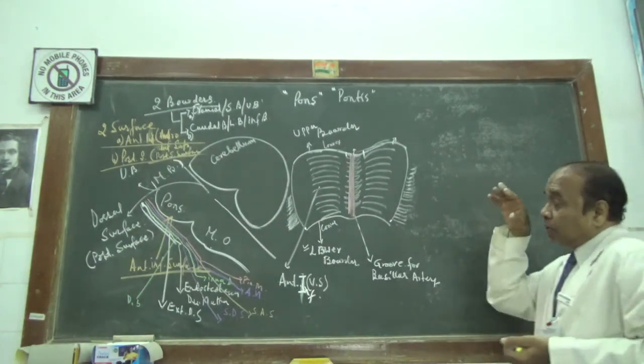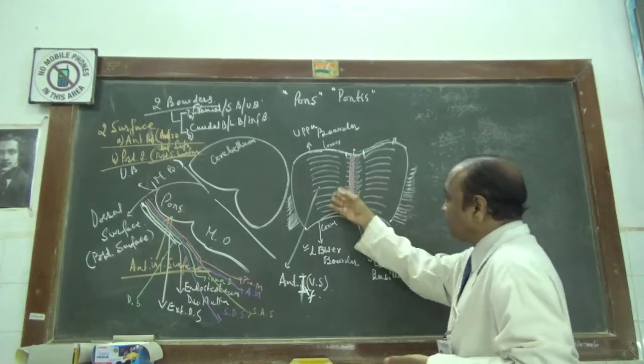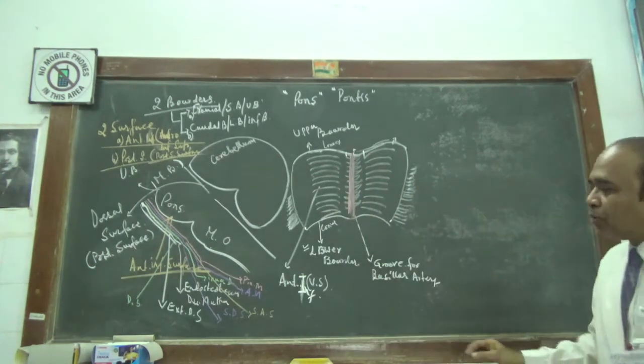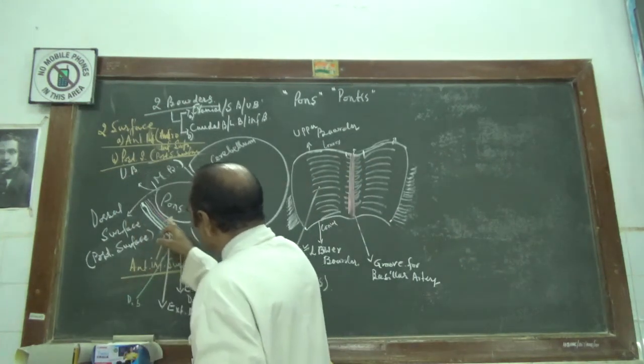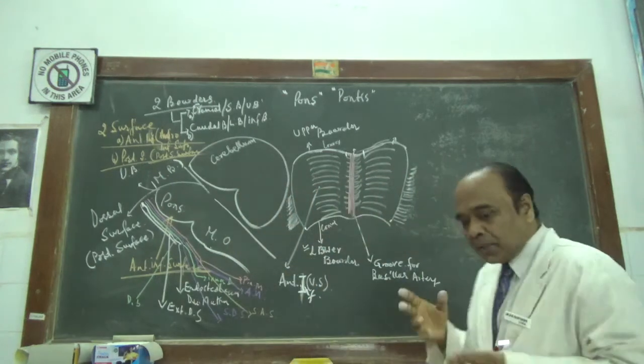Then on either side of this groove for the basilar artery, this surface shows transverse fibers.